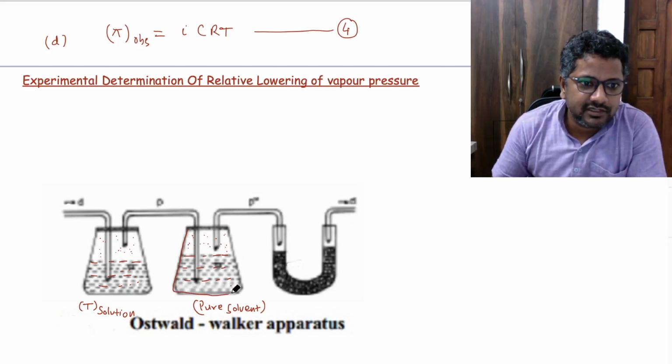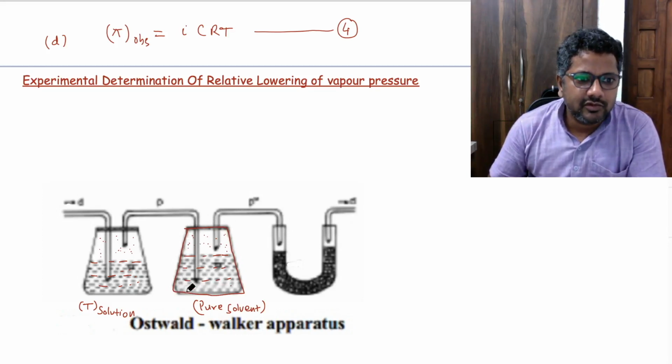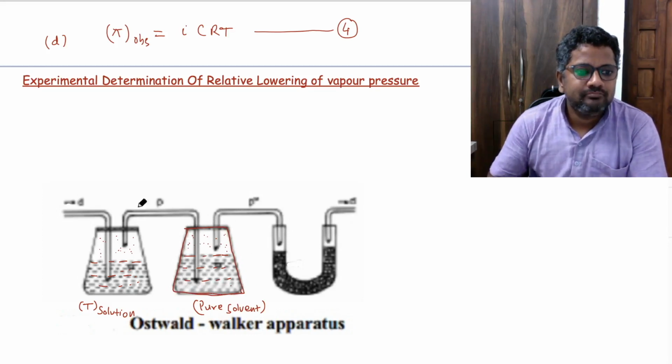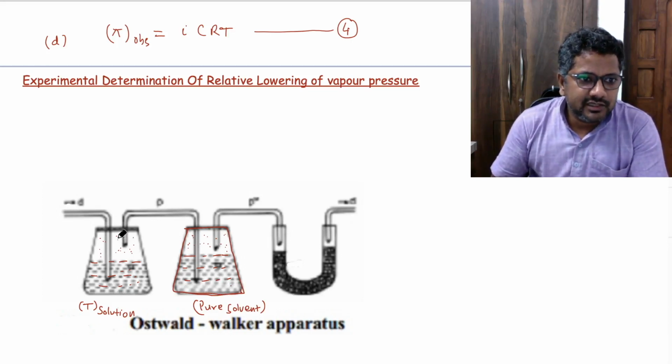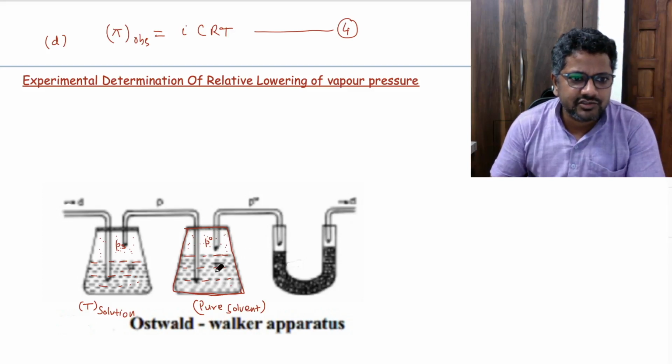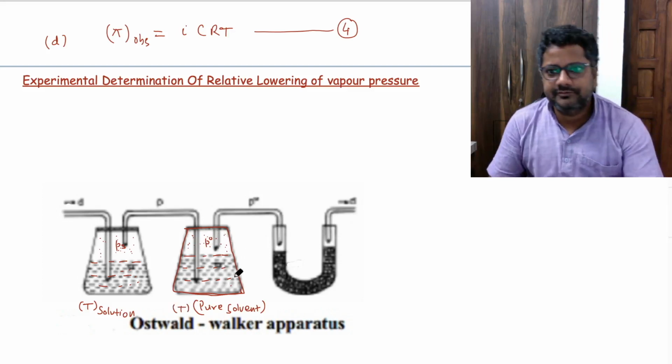To save time I have taken this. So this is a solution. Whatever the vapor pressure is here, that is Ps, and whatever the vapor pressure here, that is P naught. This is pure. The temperature is the same for both.